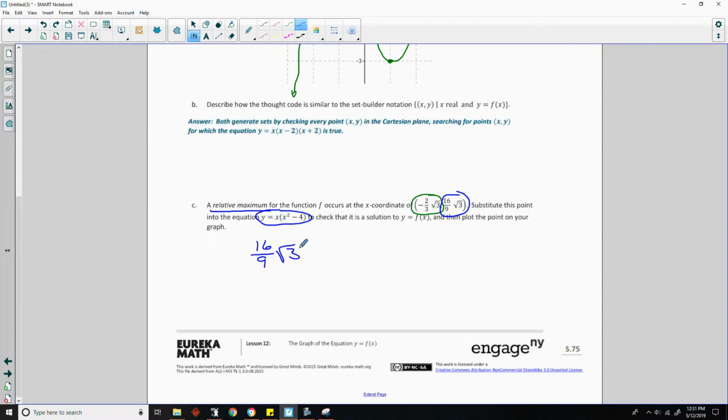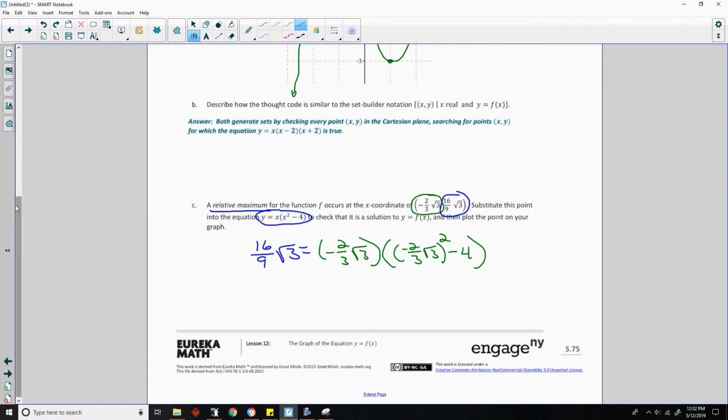That is our y, equals our x, which is negative 2/3 square root 3, that's this x, times negative 2/3 square root 3 squared, that's this x squared, minus 4. So all I did was take this and plug it in for y, and take this and plug it in for x here and here. And that's how I got this.